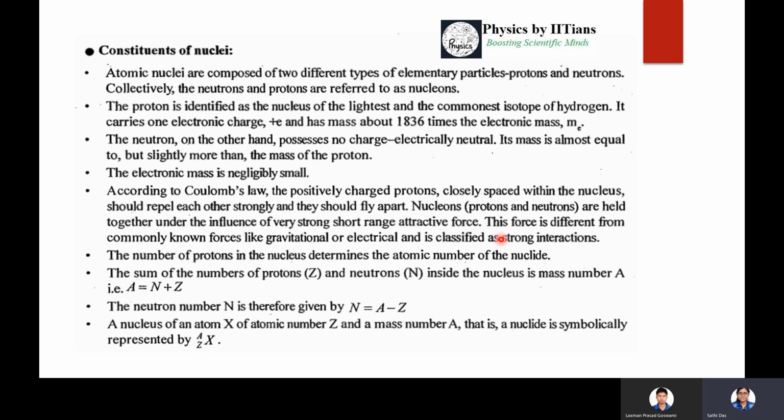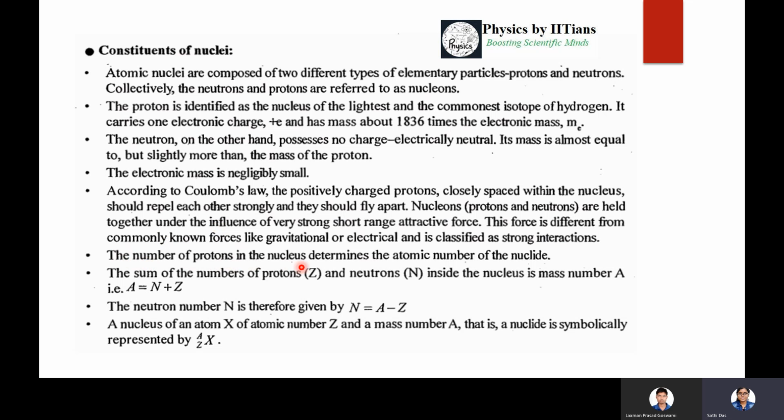This nuclear force is classified as the strong interaction. You already know that the pi meson plays a role in holding the nucleons, that is protons and neutrons, together inside the nucleus.